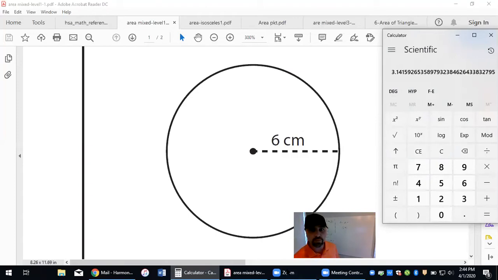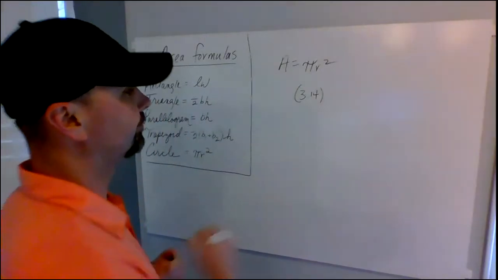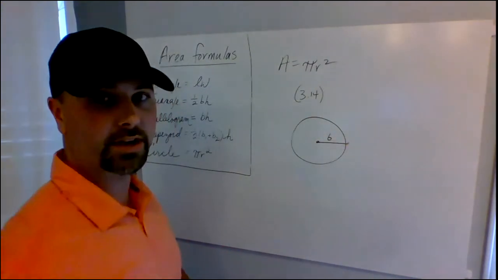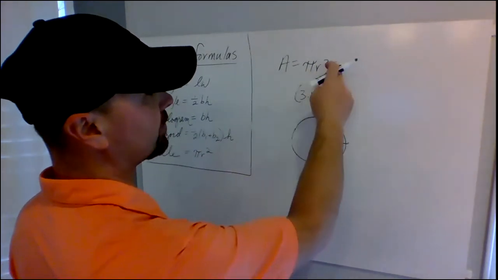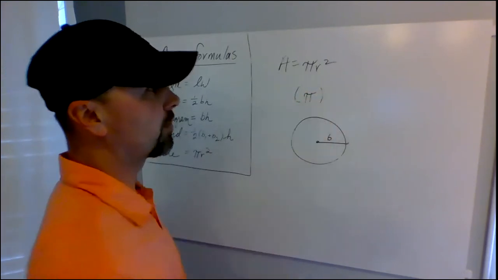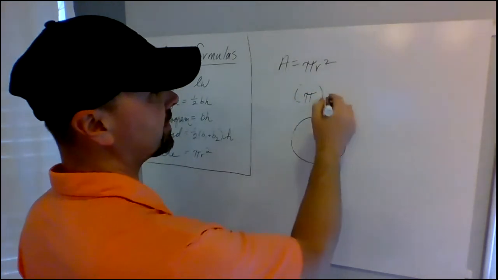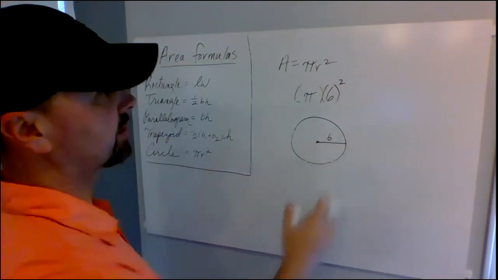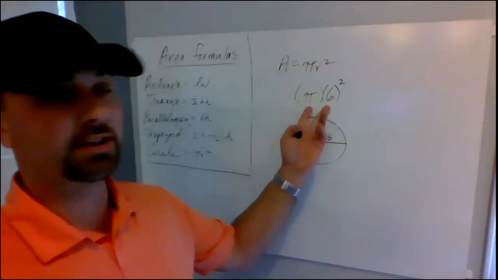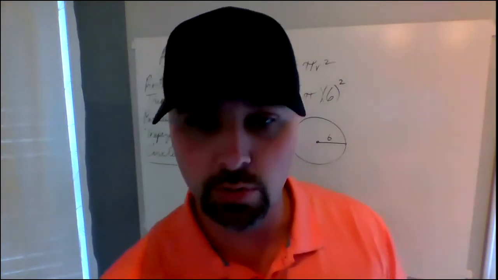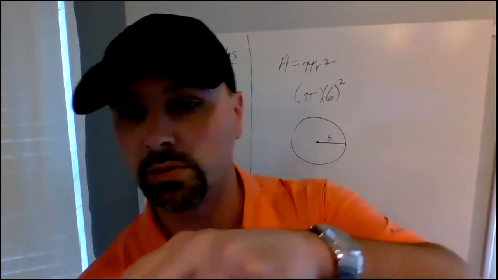So back to the circle. Radius is 6. So pi times the radius squared. So I'm going to use the pi button. So rather than write 3.14, I'm going to put pi times 6, and it's radius squared, so 6 squared. So I'm going to take this and put it in my calculator exactly like that. Pi times 6 squared. So let's go to calculator.